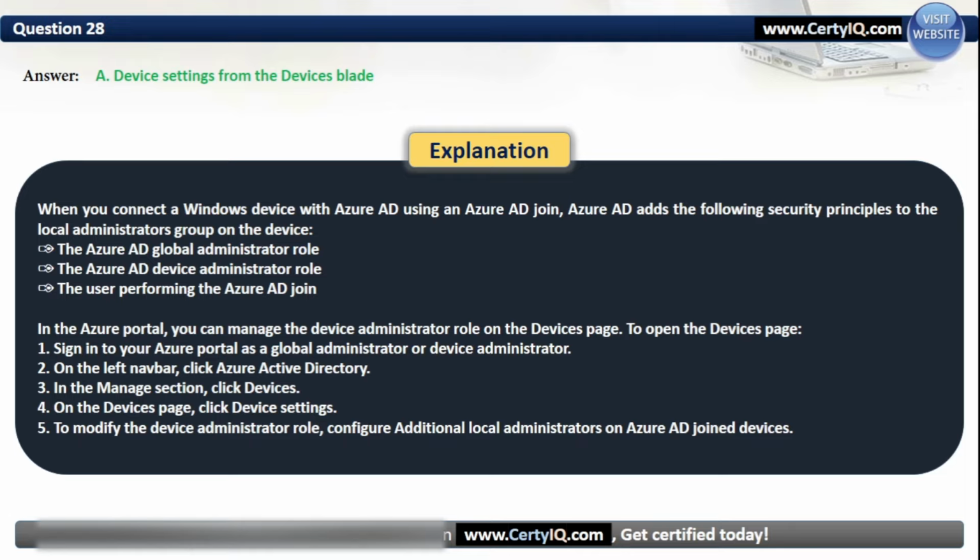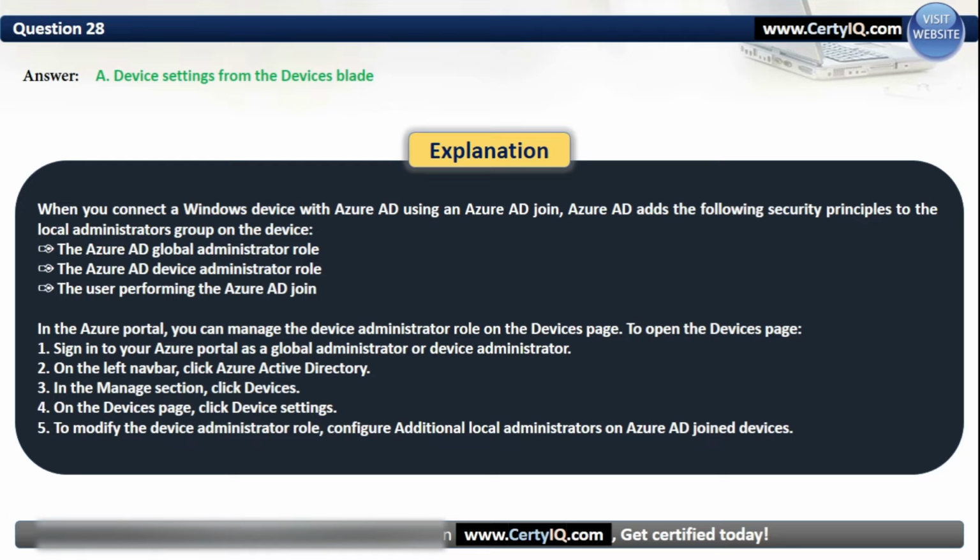When you connect a Windows device with Azure AD using an Azure AD join, Azure AD adds the following security principles to the local administrators group on the device: the Azure AD Global Administrator role, the Azure AD Device Administrator role, and the user performing the Azure AD join. In the Azure portal, you can manage the Device Administrator role on the Devices page.